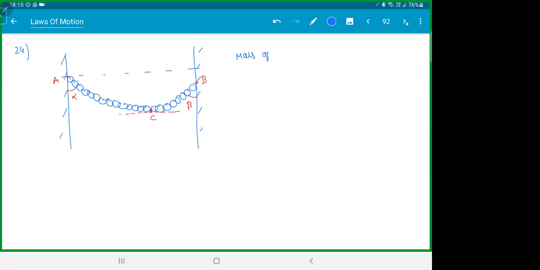Ever seen garland in front of your house? When you put a garland on the front door, it hangs like this, but they're not at the same height. Mass of the chain is M. Think of it like a garland hanging. So the question is, find the tension at A, B, C. A and B are the corners.